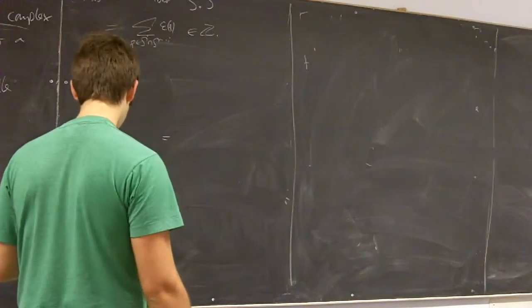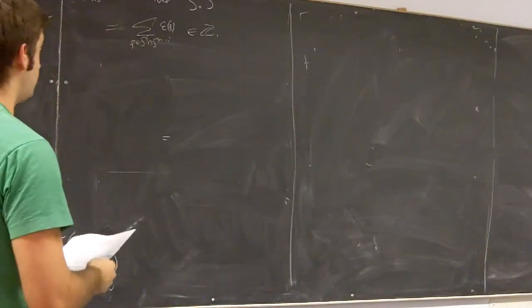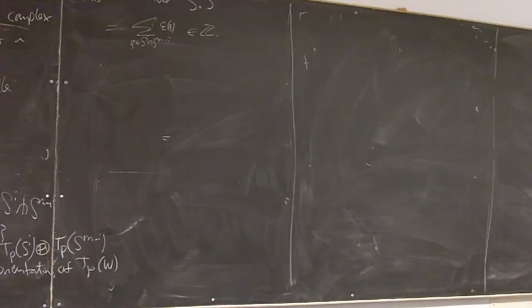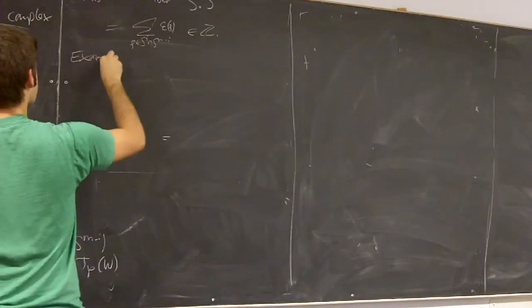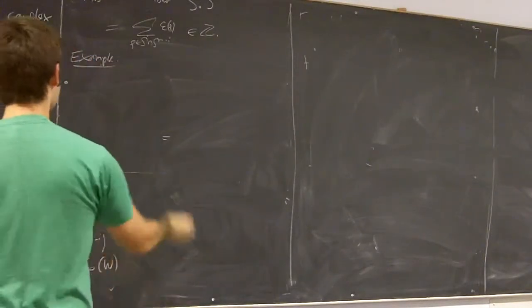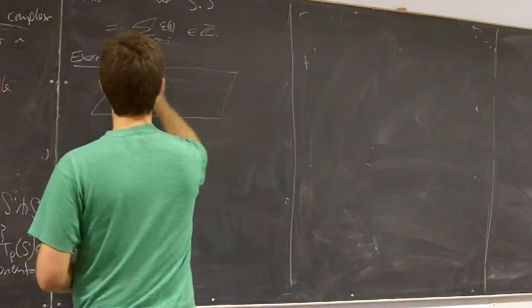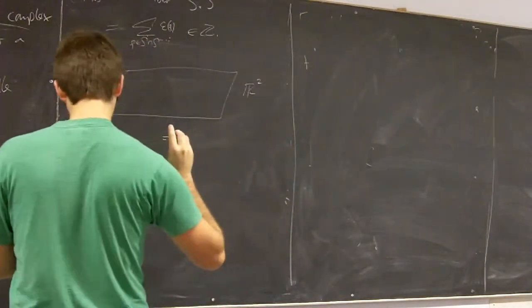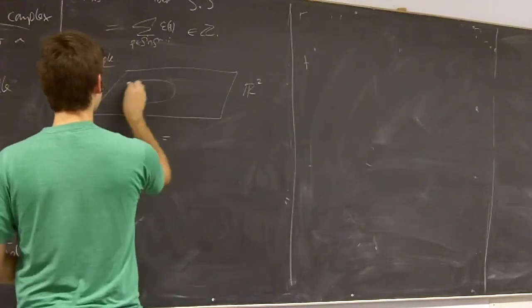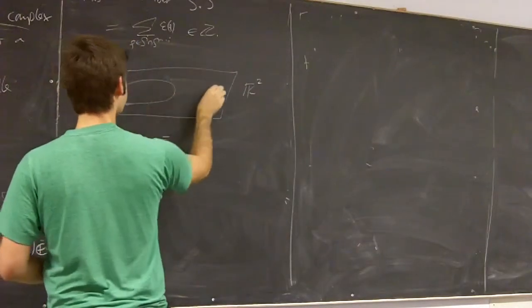And this can be shown to be independent of choice of orientations. So quickly an example. Suppose we have R2 and we have two embedded circles.